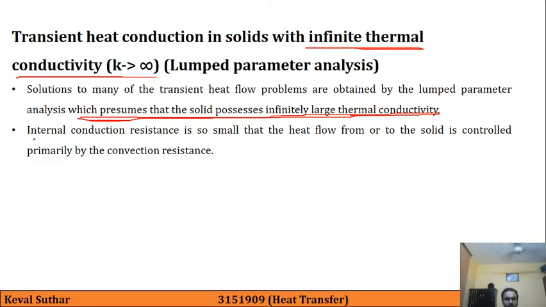Internal conduction resistance is so low that the heat flow from or to the solid is controlled primarily by a convection resistance.